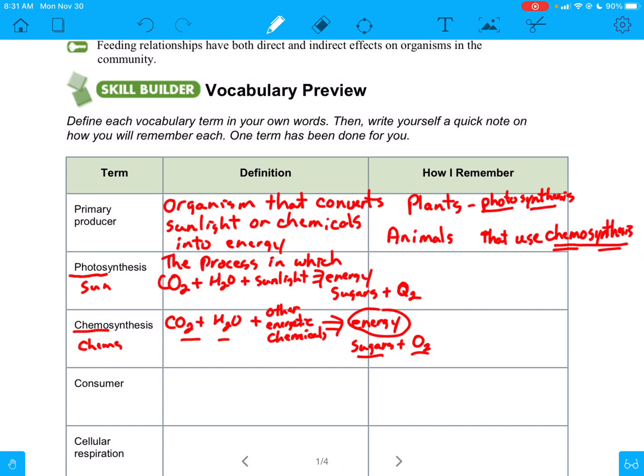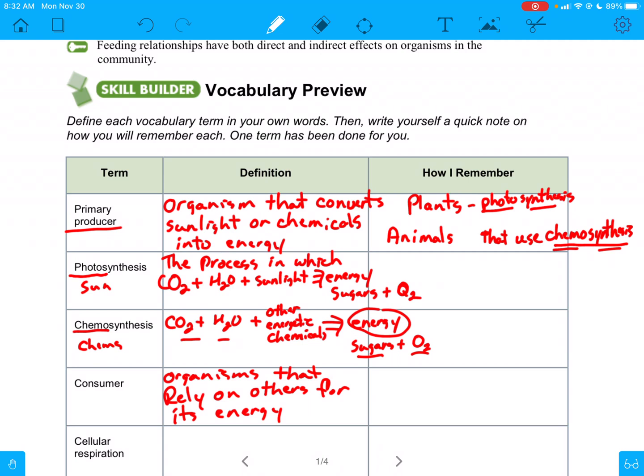The next thing is consumer. A consumer is an organism that relies on others for its energy. So we have the producers up here that don't need anyone, right?